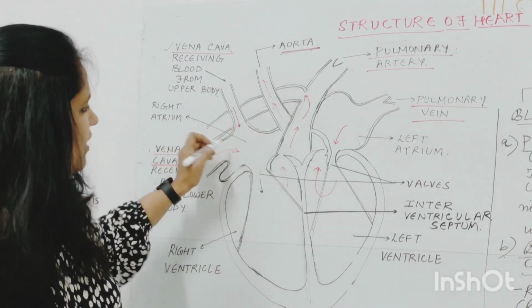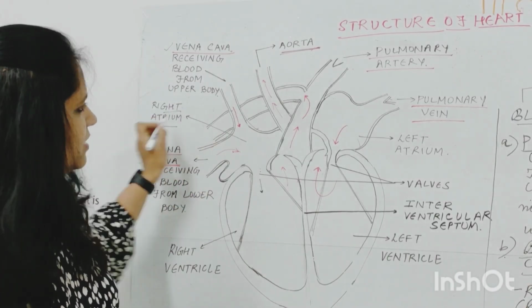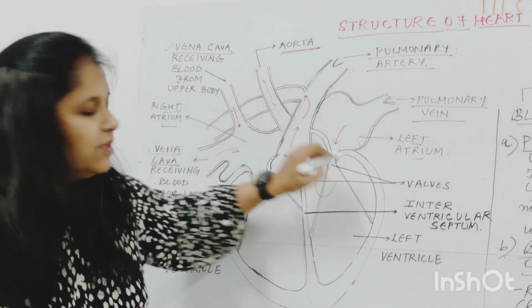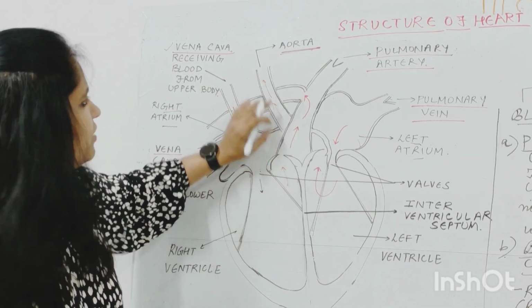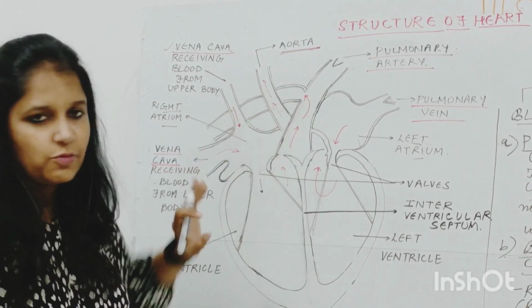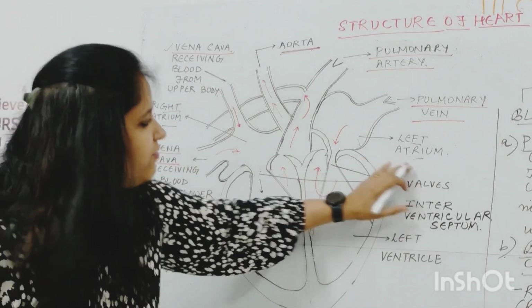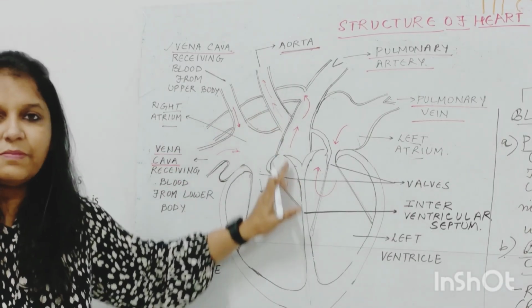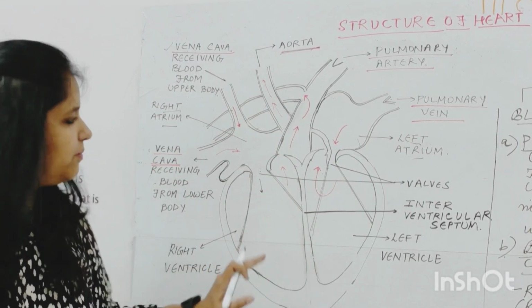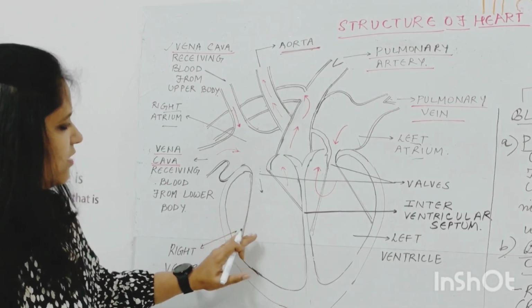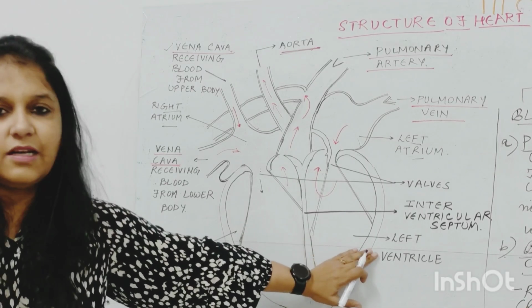Now the auricles: one auricle is the right atrium and the other one is the left atrium. These both are separated by the interauricular septum, which is hidden behind the aorta and pulmonary artery, so I have not marked it. Between left atrium and right atrium there is a separation known as the interauricular septum. In the case of ventricles, this is the right ventricle, this is the left ventricle.